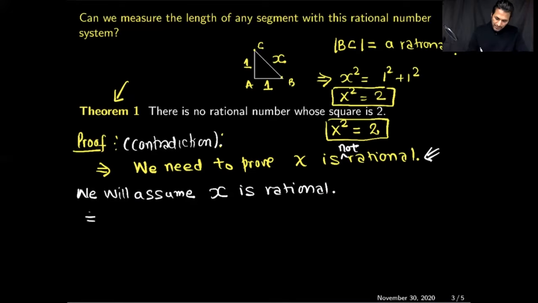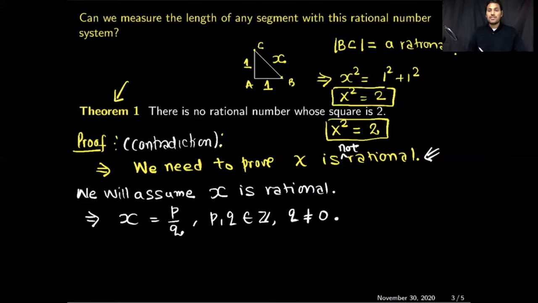Now if x is rational, we know that all rational numbers can be written in p over q form, where p and q both are integers and q cannot be equal to 0. This is the definition of a rational number, so I just write it down.